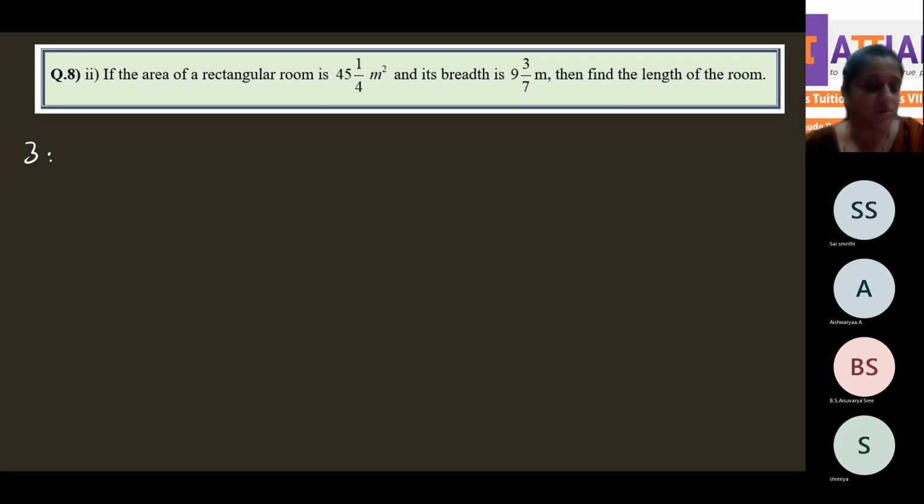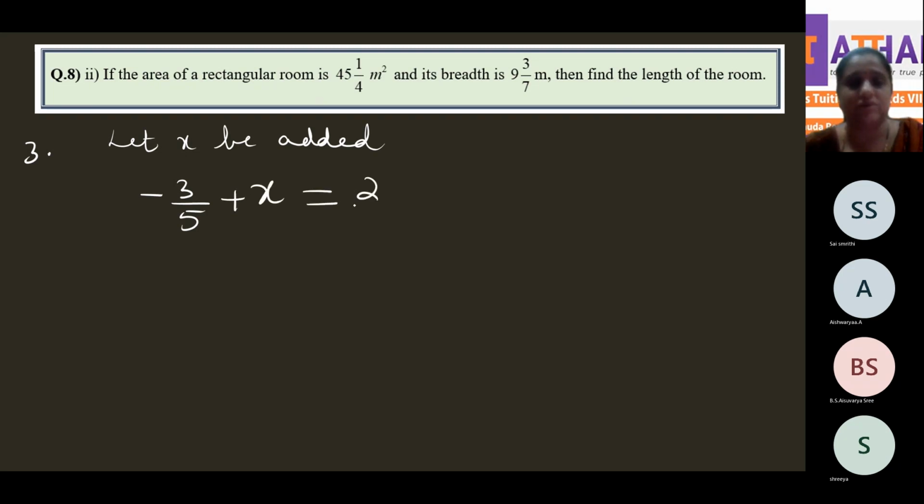Very good. Okay. So the question is, what should be added to minus 3 by 5 to get 2 by 3? So let's say x is added. Let x be added. So x is equal to 2 by 3 plus 3 by 5.